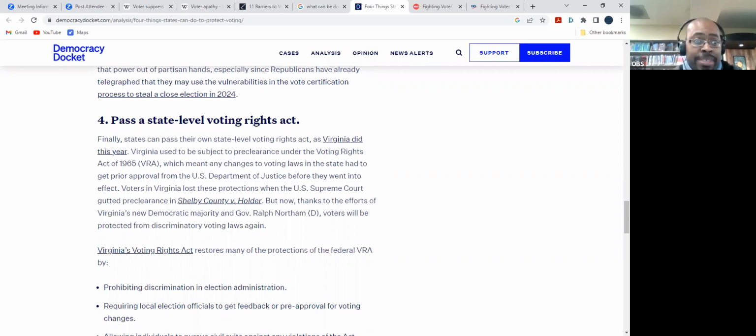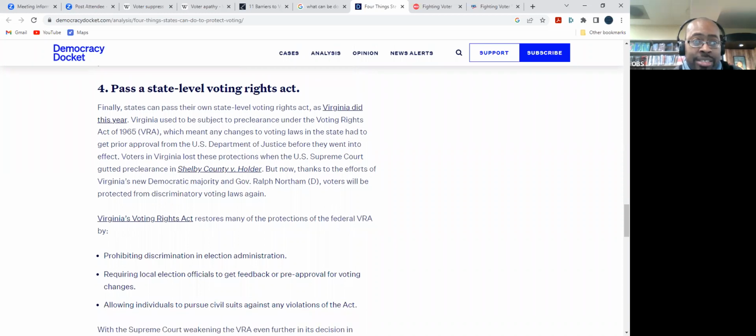Virginia used to be subject to pre-clearance under the Voting Rights Act of 1965, which meant any changes to voting laws in the state had to get prior approval from the U.S. Justice Department before going into effect. Voters in Virginia lost these protections when the U.S. Supreme Court gutted pre-clearance in 2013. That's the Shelby County versus Holder case I was telling you about.